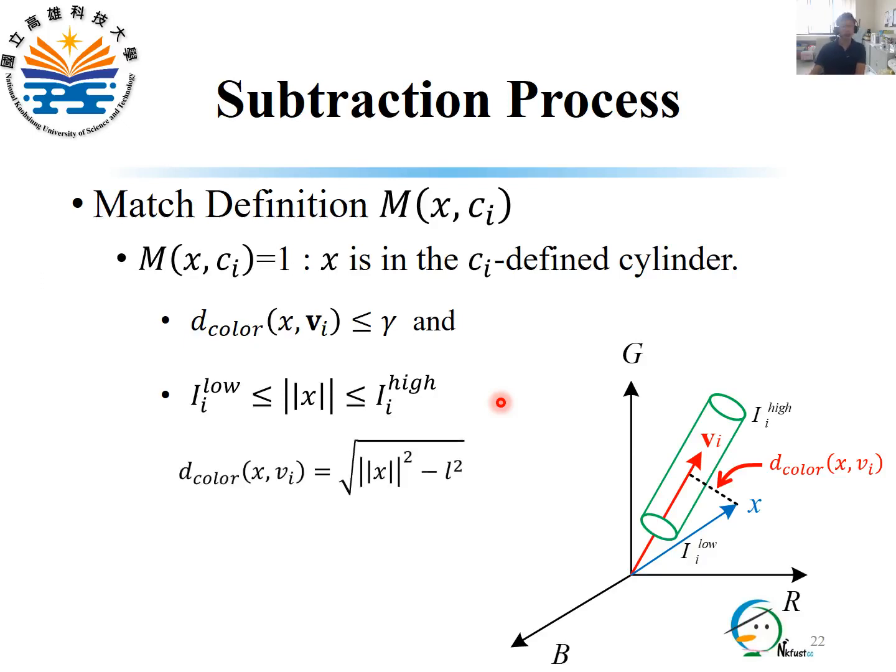According to the Pythagorean theorem, d_color(X, V_i) equals this term, where L is the length of this black line segment. Moreover, according to basic geometry, L squared equals this term, where the angle bracket denotes the inner product.